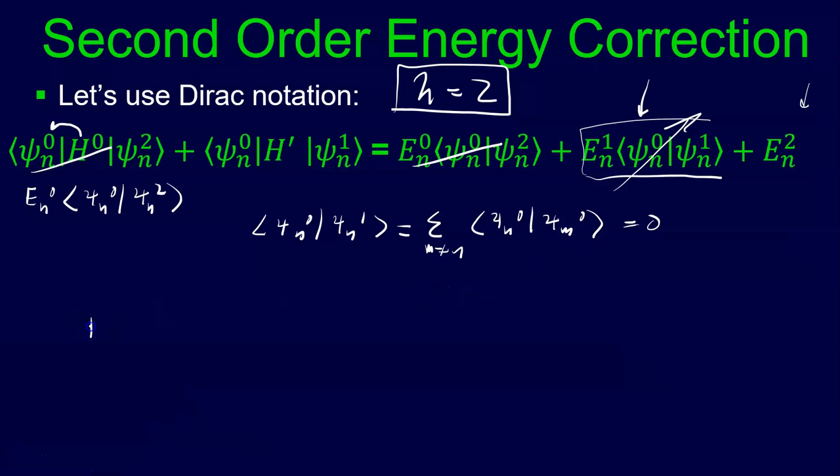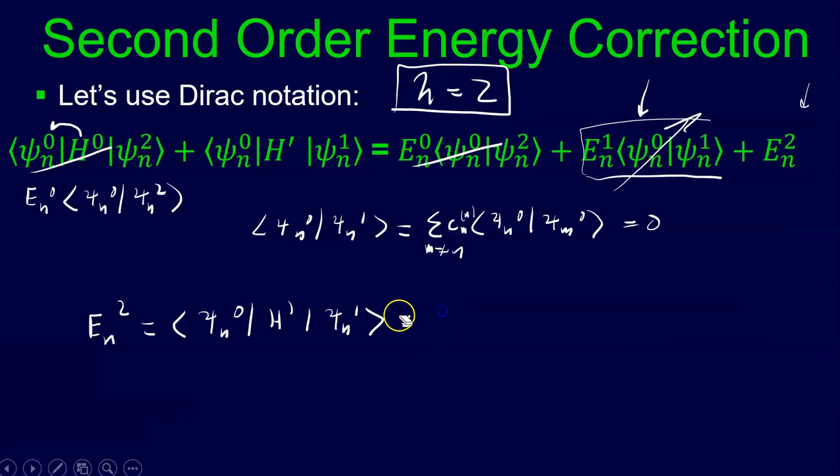So what this leads us to is that our second-order energy correction is going to equal this thing right here, which we can write out as a sum, like over here. I forgot the c m n terms, but it's the same sort of thing.